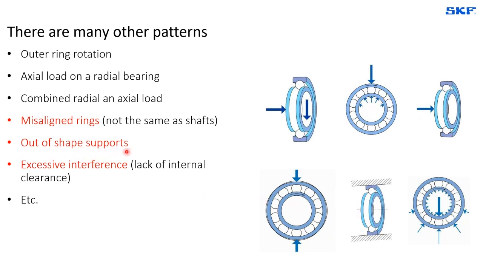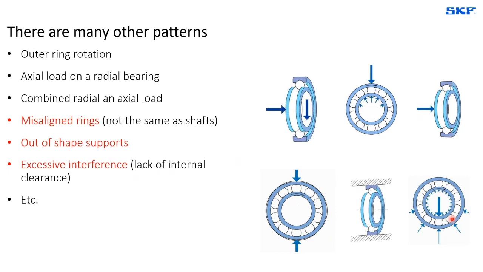You can have out of shape supports or excessive interference. For example, if the bearing is left without internal clearance in operation, we might see a full contact pattern also on the outer ring that is not supposed to be there for certain bearing types at least.